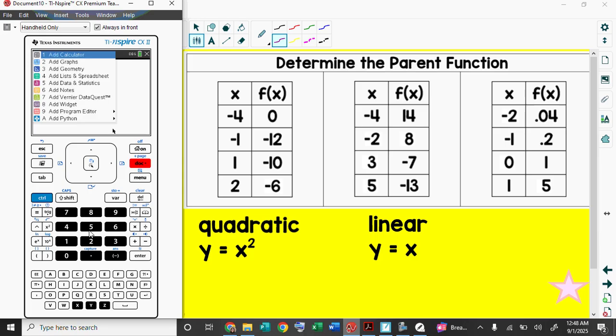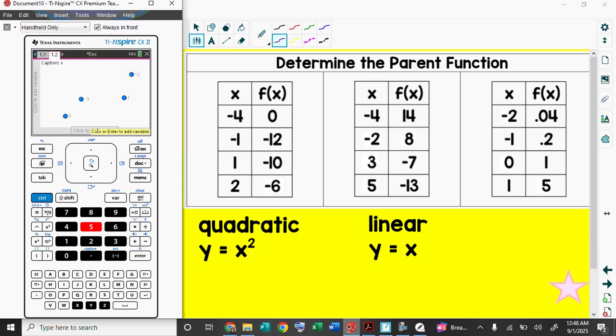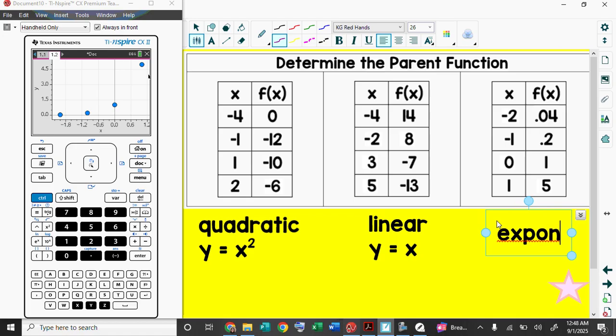Doc 5. Click on the x-axis. Click on the y-axis. And what kind is that? That is an exponential, and we're going to say y equals a times b to the x power.